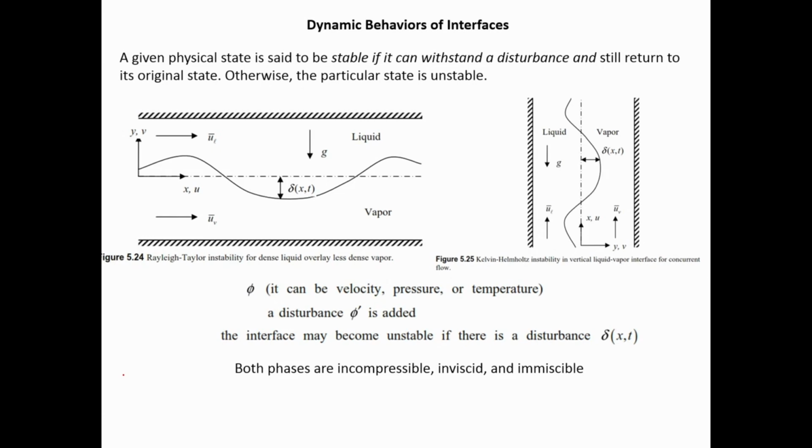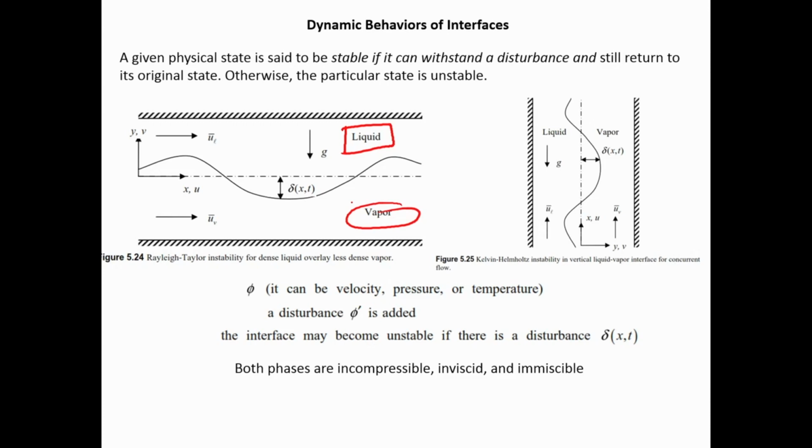This kind of example is seen everywhere. Say, for example, you have a vapor and you have a liquid. By vapor and liquid, I mean there is a very large variation in density; the vapor-liquid density ratio is almost 1000 times.